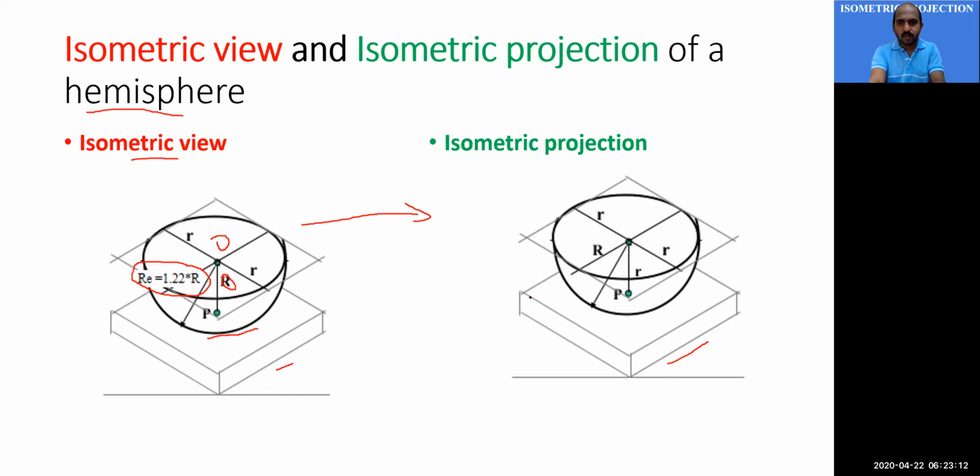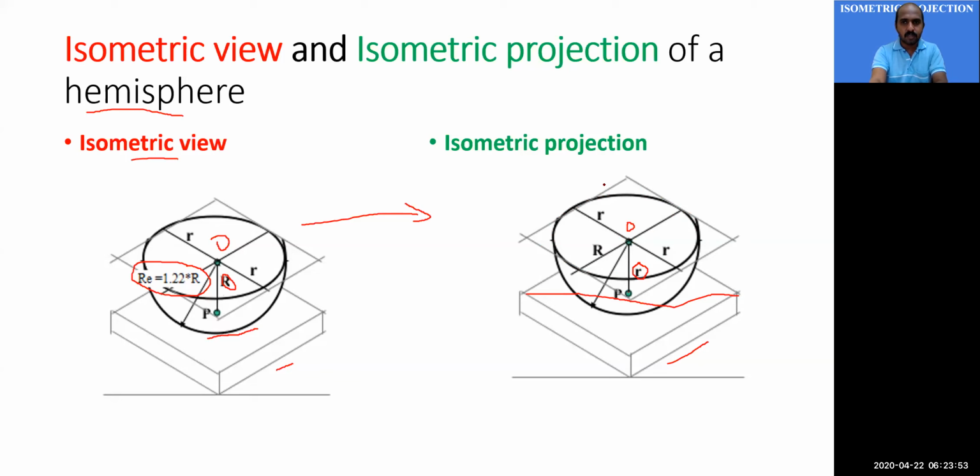Once you complete the isometric projection of this square prism, you can locate the point P. Then you locate O. At what height is O from P? It is equal to R. What is R here? R is equal to the isometric length of the original radius, that is 0.82 into capital R. Once you locate O, you can complete the isometric projection of this circle about that point.